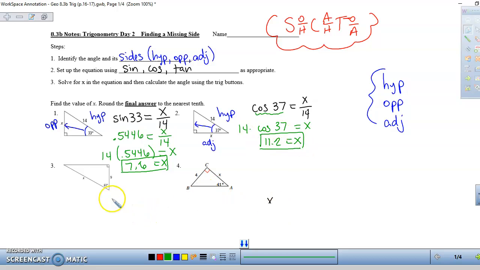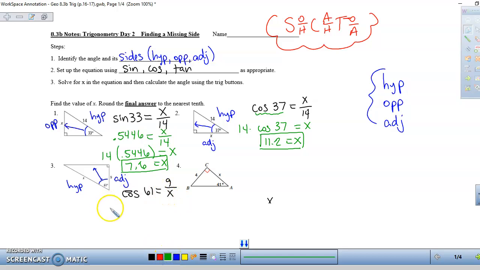Okay, last one here. So I'm going to go through number 3 a little bit quickly. So here's my angle, 61. I have hypotenuse here. This is opposite. I'm not going to label that. This is adjacent. All right, so adjacent and hypotenuse is cosine, and 61, and then 9 over x. Okay, so this is much more difficult when you have the x in the denominator.